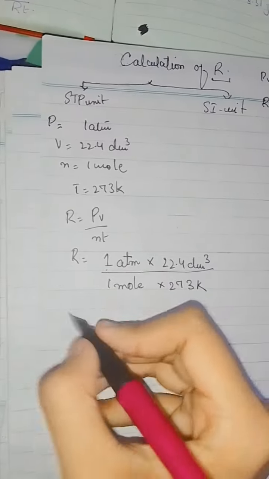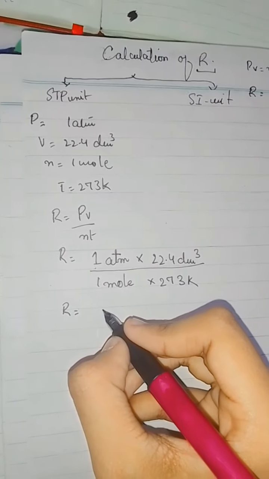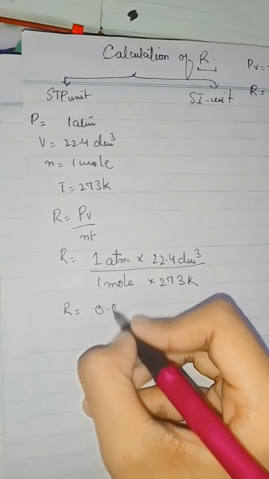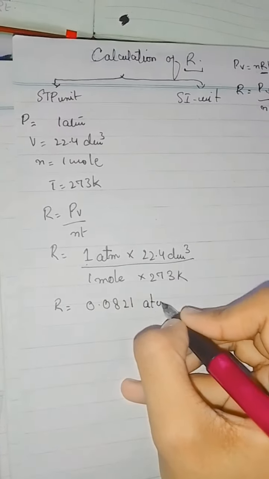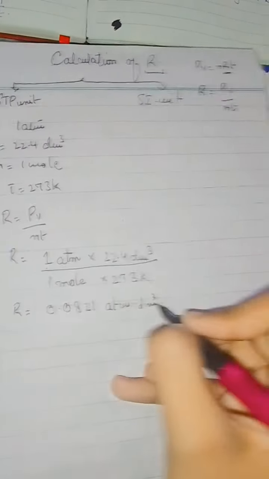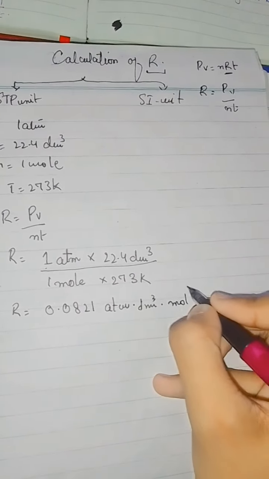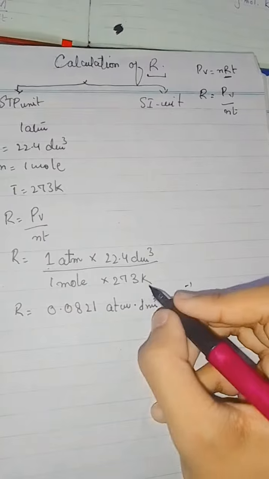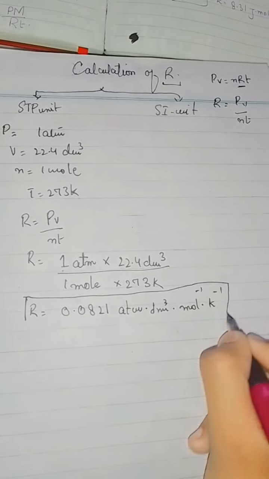Now we multiply and divide all these, so the answer would be 0.0821. Writing all the units, atm into dm cube into mole will move up, so it will be mole inverse, and Kelvin will move upward, so it will be Kelvin inverse. That is the first value of R, in STP unit.